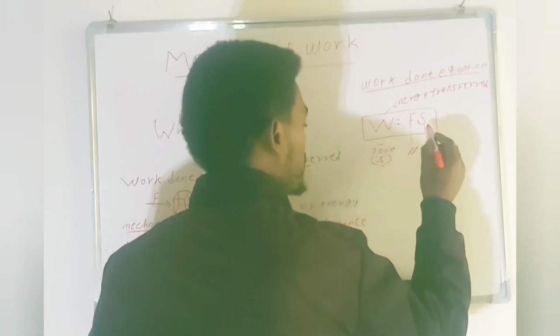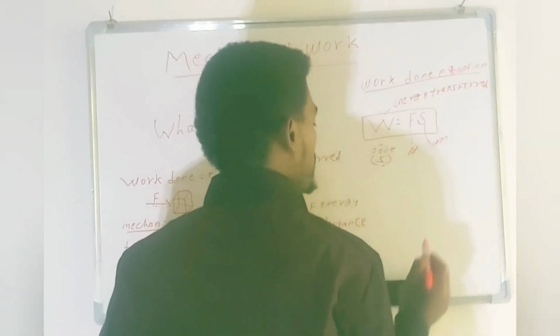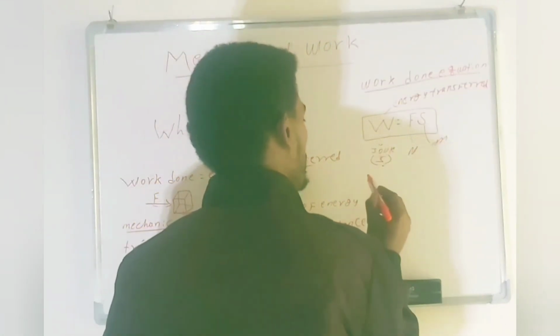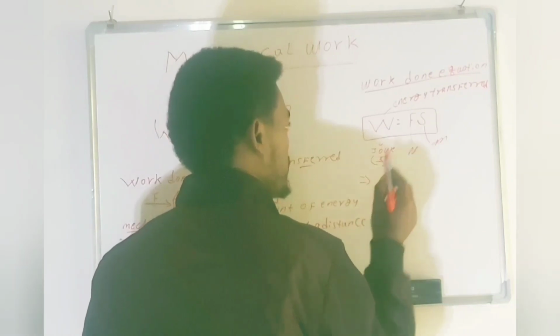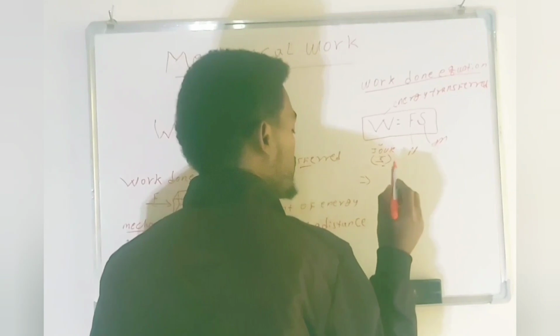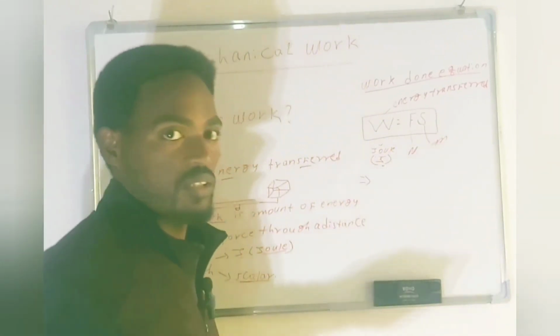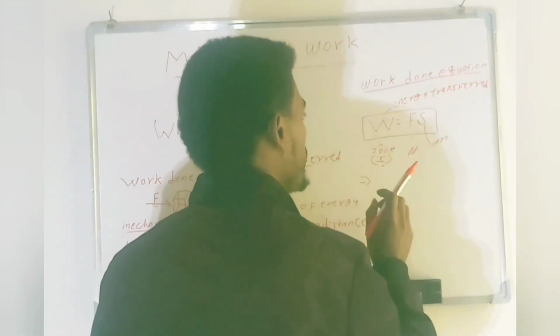For distance, we have meter. The SI unit of distance is meter. On this occasion, further we should understand the force and distance relation. In force and distance relation, always distance should be in the direction of force. Whether it is in the opposite or in the same direction, always distance should be in the direction of force.